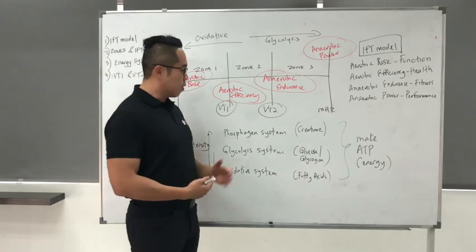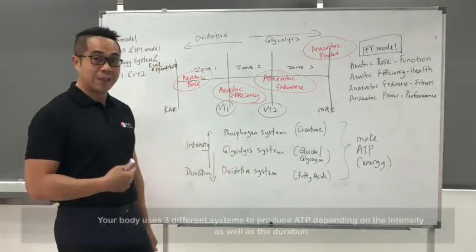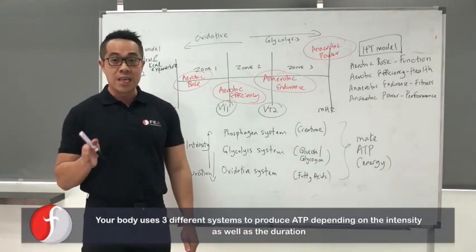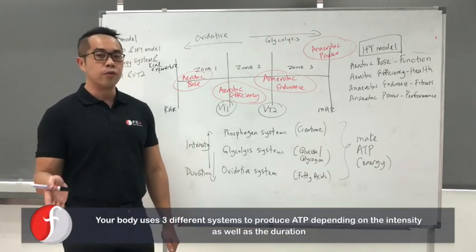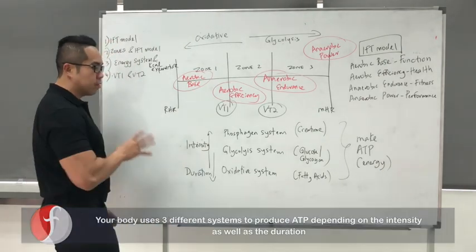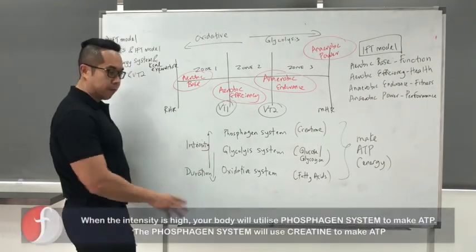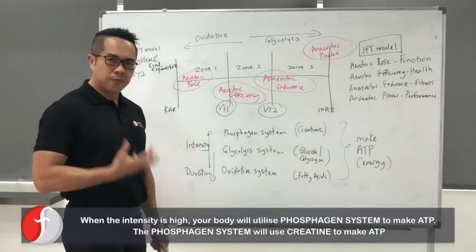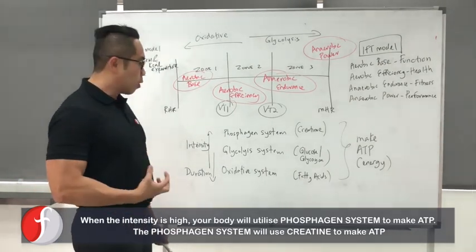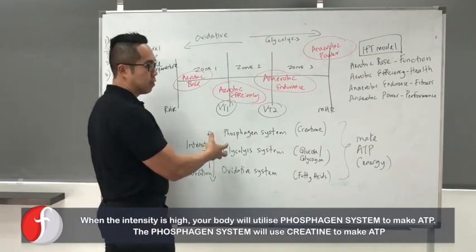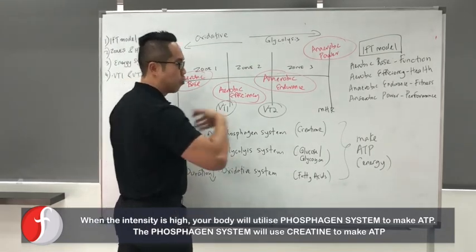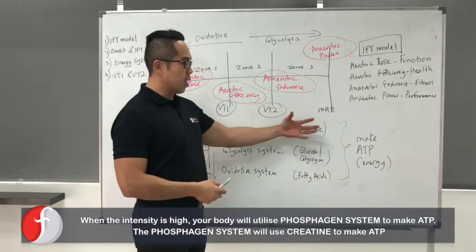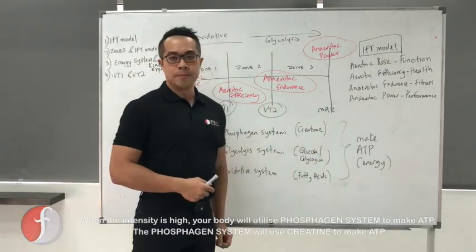Your body uses three different systems to produce ATP, adenosine triphosphate, depending on the intensity as well as the duration. When the intensity is really high, for example, you need to do a 100-meter sprint as fast as possible, your body will utilize the phosphagen system to create ATP. The phosphagen system will use creatine to make ATP.